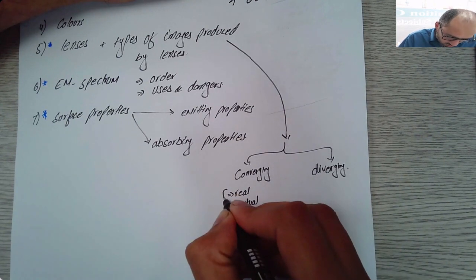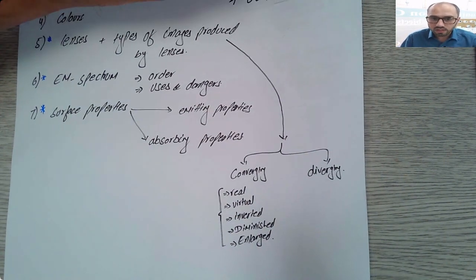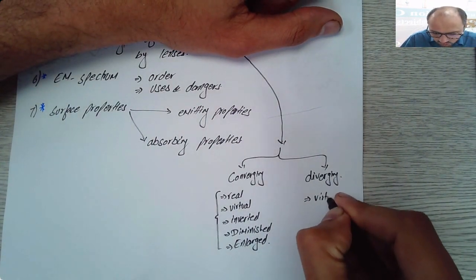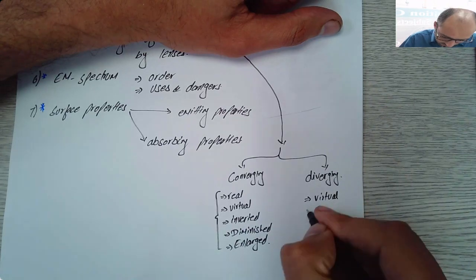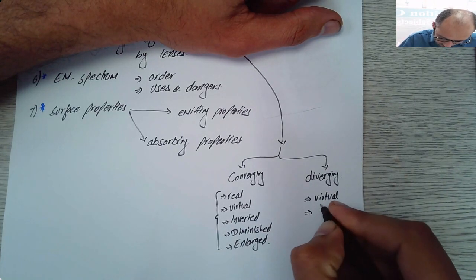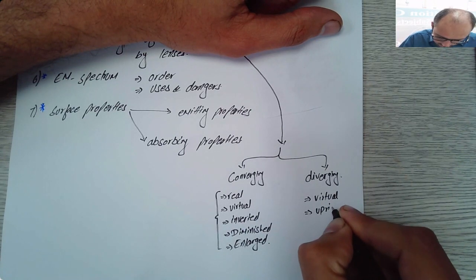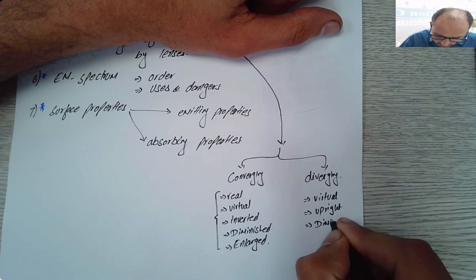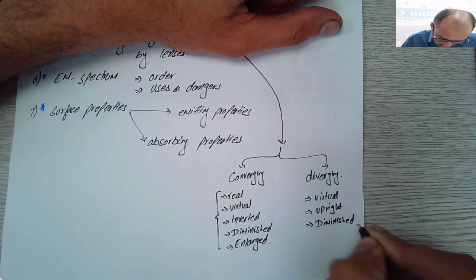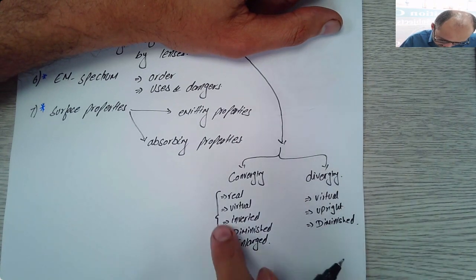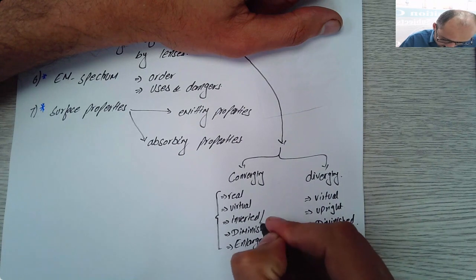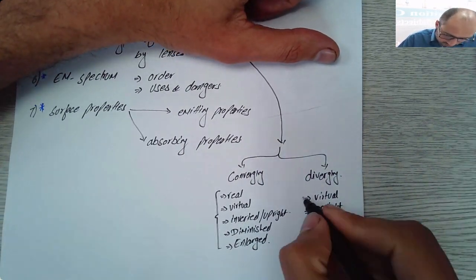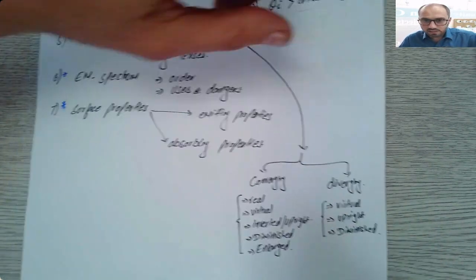So these will all are possible in case of converging. But when it comes to diverging, it can only produce virtual, and it will always be upright, and it will always be diminished. Okay, I can add here where it says real, virtual, inverted, and it can also produce upright as well. Okay, so you have to remember this from lenses.